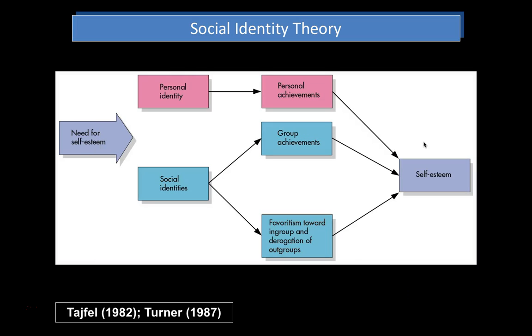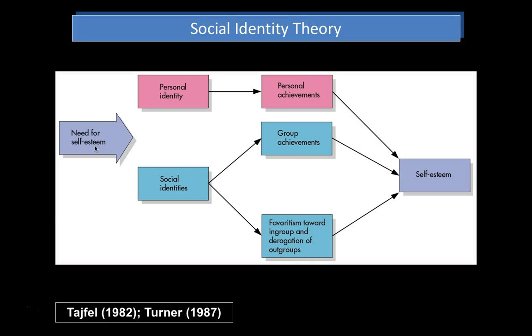Finally, in the case of prejudice, we should talk a little bit about social identity theory. Social identity theory basically says that people have a tremendous need for self-esteem. We've seen this, right? We need to sustain positive self-esteem.